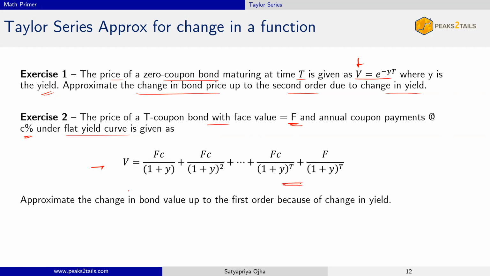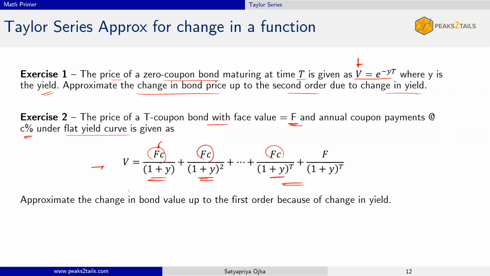So this is the valuation formula for a coupon bond. Face value times C% is the coupon that you keep getting until the end of maturity. They get discounted by the respective discount rate. If you discount it like this, the yield curve is not continuous compounding. It is annual compounding.